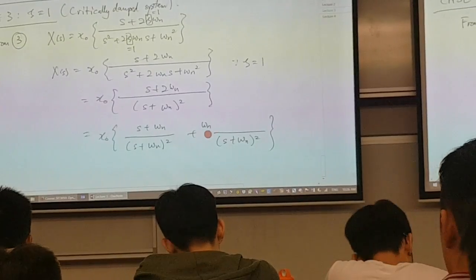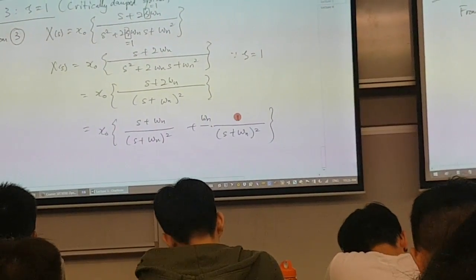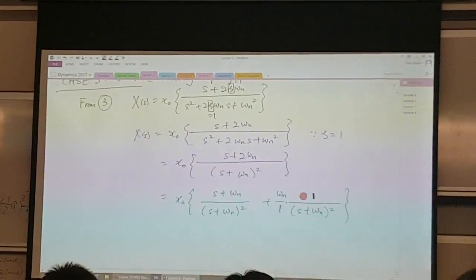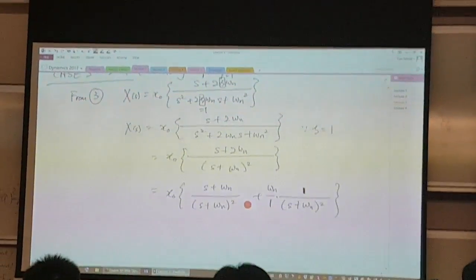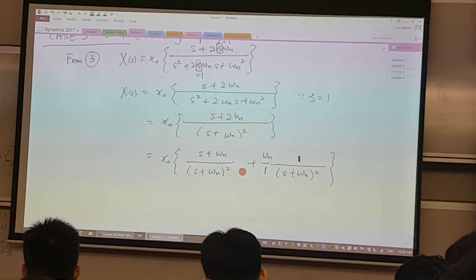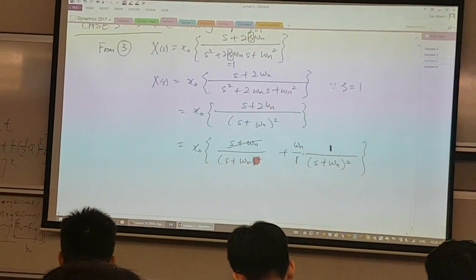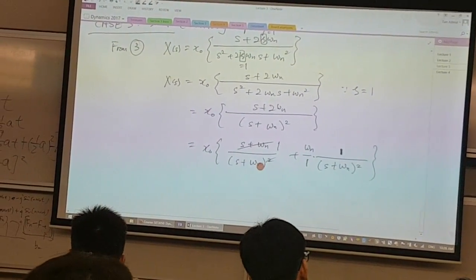And what I'm going to do is to have here as 1, and here as 1. Why do I do it in this way? That's because later on I can do an inverse Laplace here. So this numerator and denominator can be simplified, so it's 1 over s plus omega n.